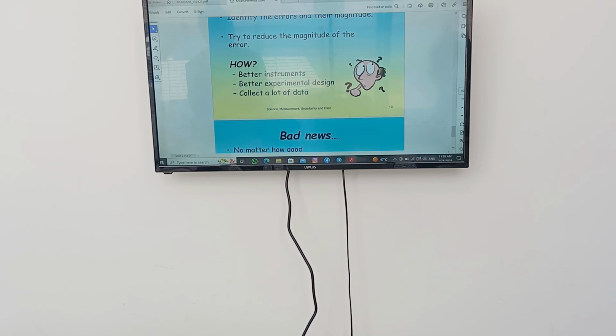We reduce the error by using better experiments and better experimental design, and we have to collect a lot of data. As we mentioned before, we do more than one experiment and collect all of the measurements, and then we take their average to have a real, precise and accurate result.